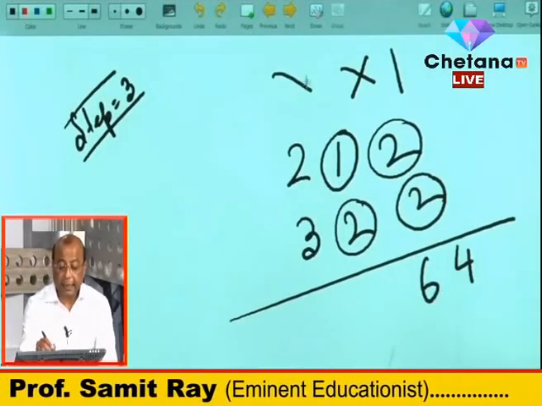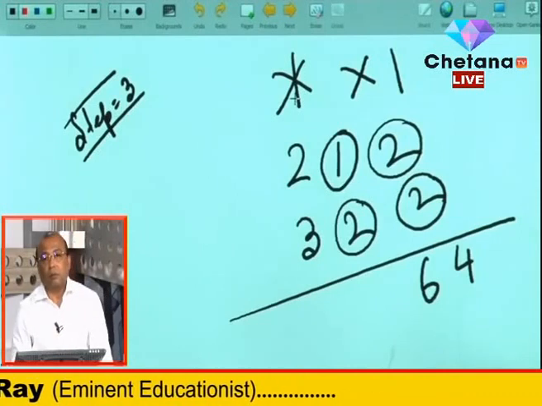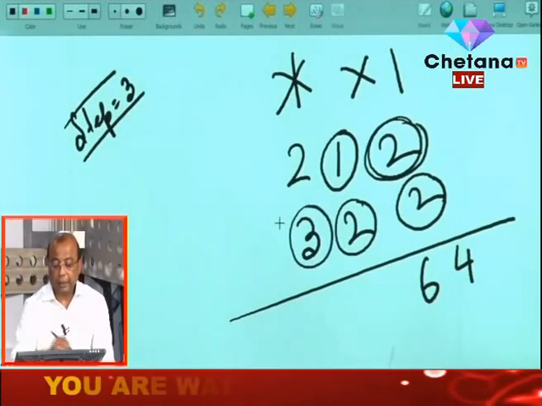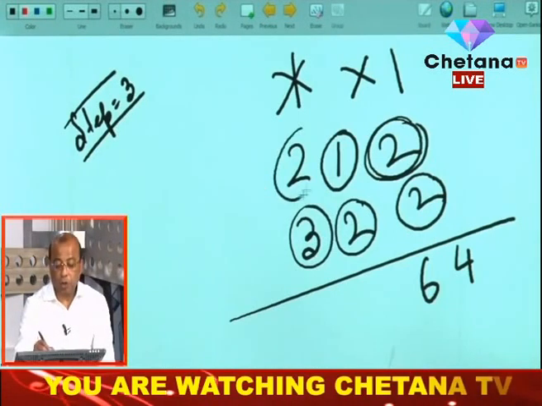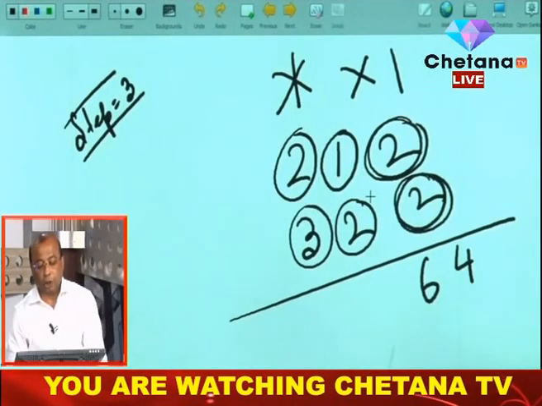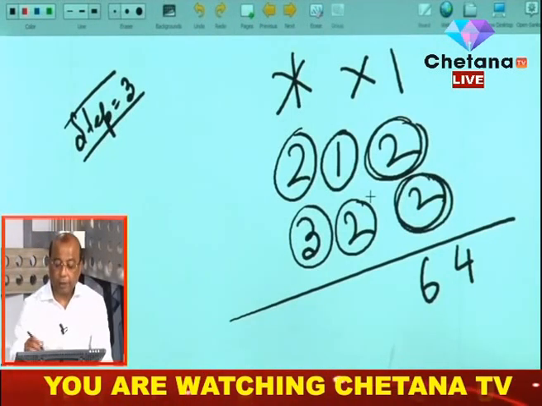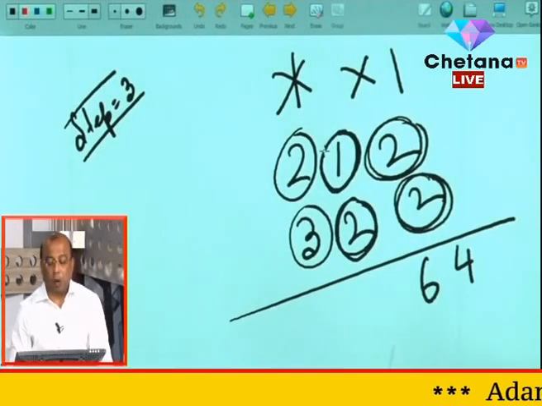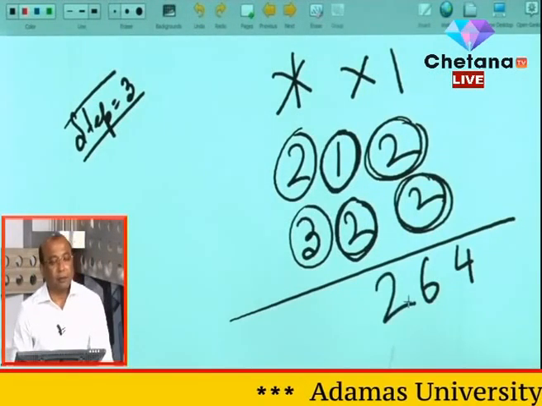When we consider the second column, cross and straight. 3 into 2, 6. 2 into 2, 4. 6 plus 4, 10. Again straight. 2 into 1, 2. 10 plus 2, 12. 1 in hand.